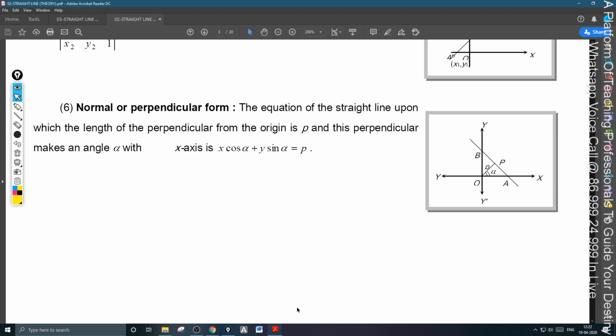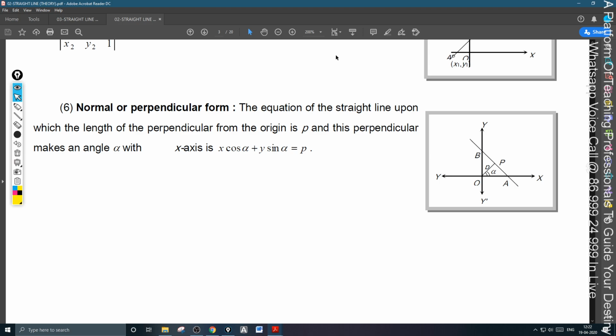That is a normal form. The equation of the straight line upon which the length of the perpendicular from the origin is p, and this perpendicular makes an angle alpha with x-axis, is x cos alpha plus y sin alpha is equal to p.